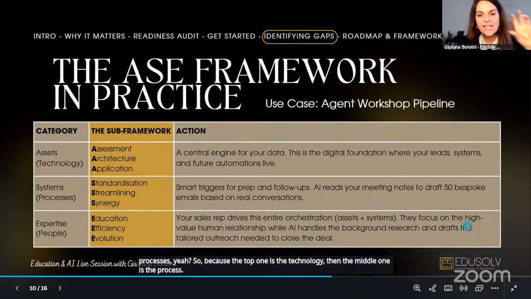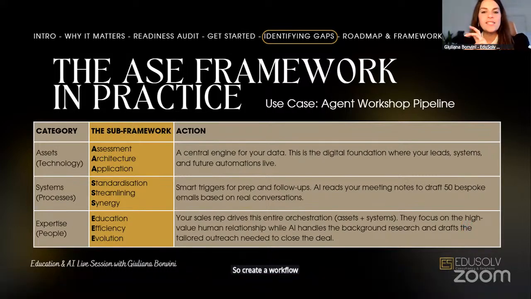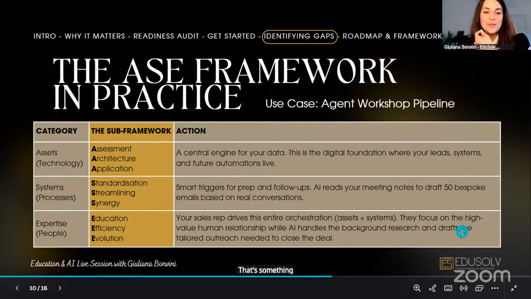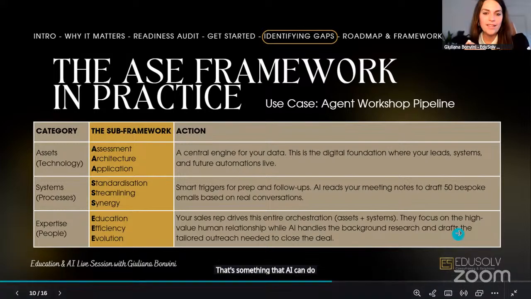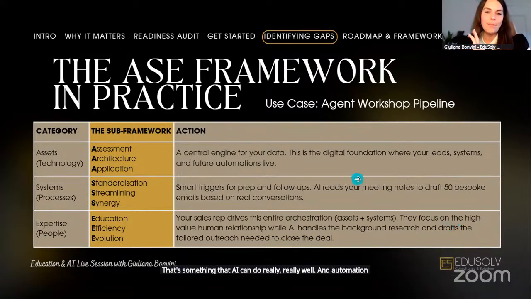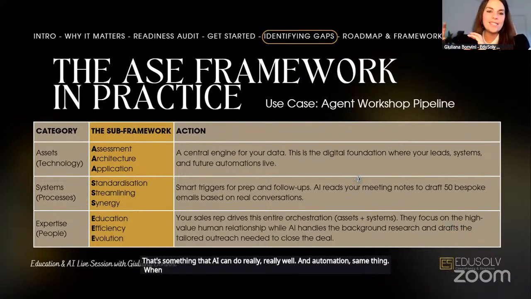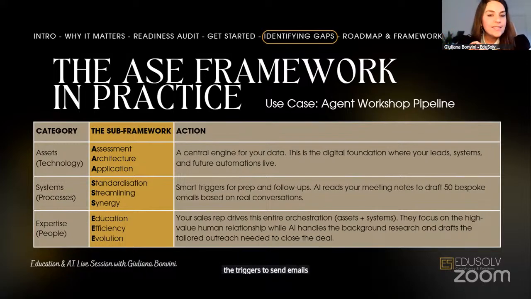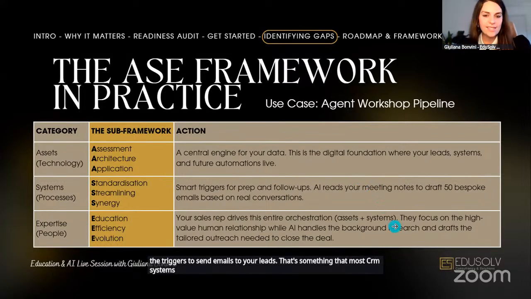So create a workflow that does the prep work, emailing these agencies as an example, and follow up afterwards. That's something that AI can do really, really well. And automation, same thing. When you automate the triggers to send emails to your leads, that's something that most CRM systems can do nowadays.